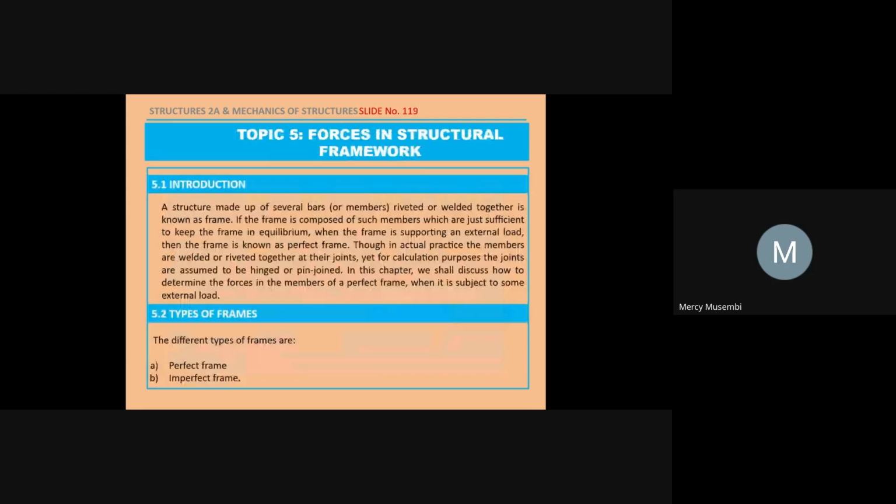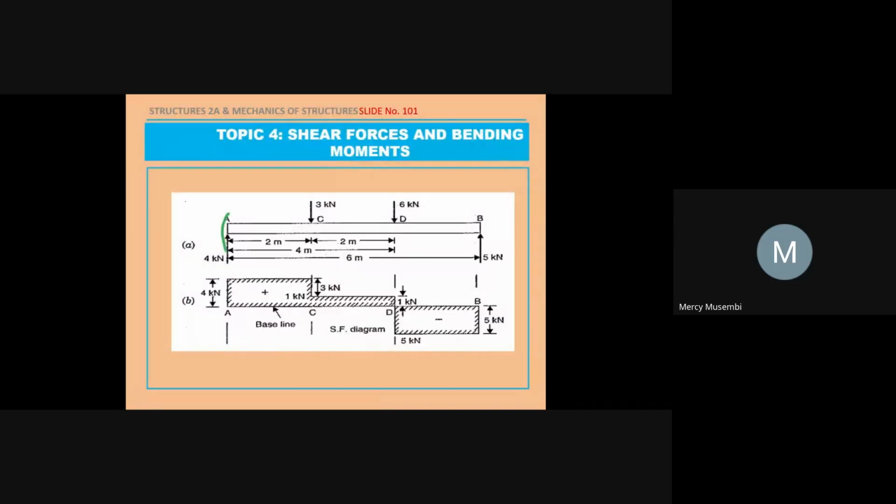And before I forget, example 4.1, we had left it at the bending moment. So for this question, our bending moment at A will be equal to 0, since we are taking moments about this point.